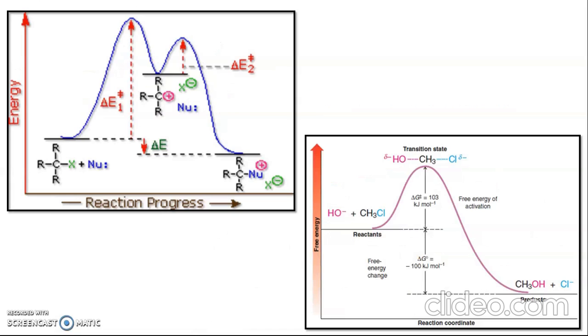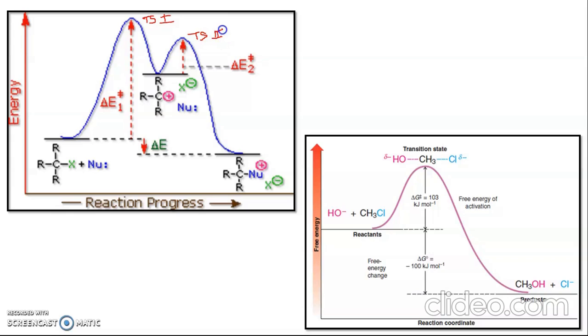Now the energy profile diagram of SN1 and SN2. Obviously the first picture is for SN1, because here you can see there are two humps. The first hump is transition state 1, and the second hump is transition state 2.